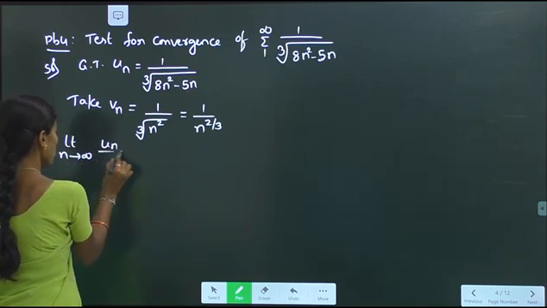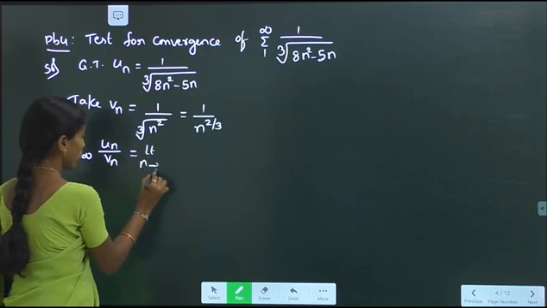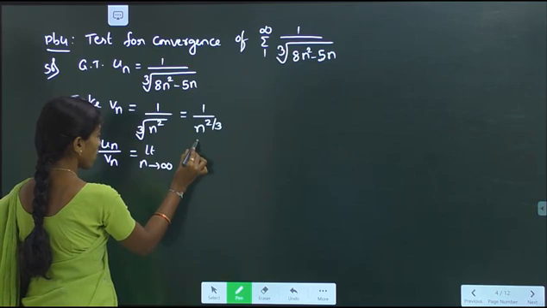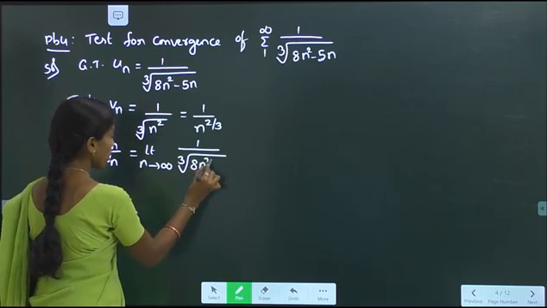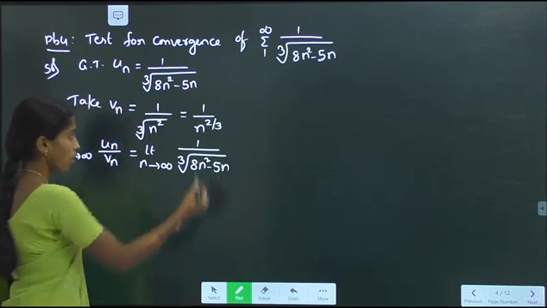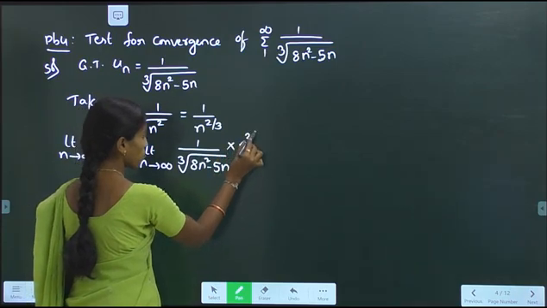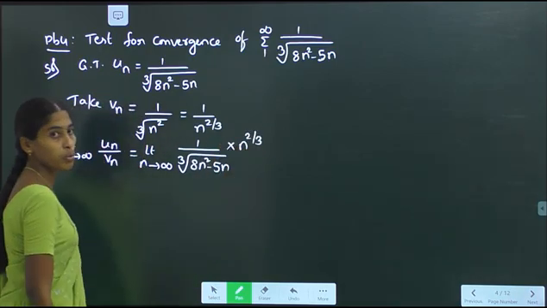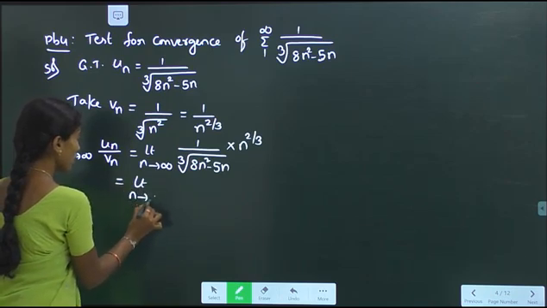Limit n tends to infinity, Un by Vn is equal to, what is Un? 1 by cube root of 8n square minus 5n, divided by 1 by n power 2 by 3, so it becomes multiplied by n to the power 2 by 3.